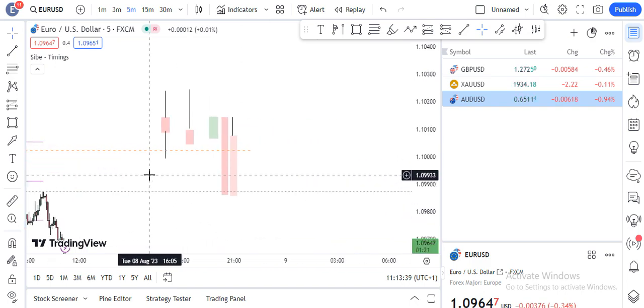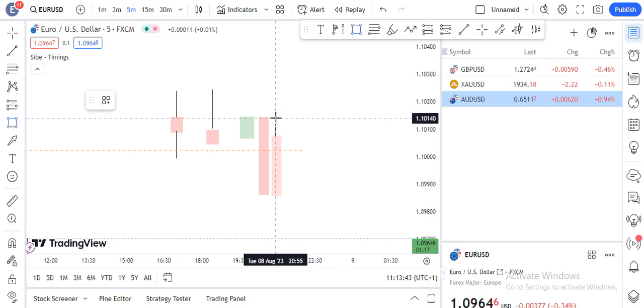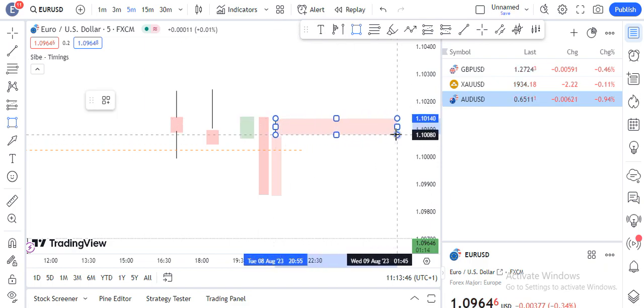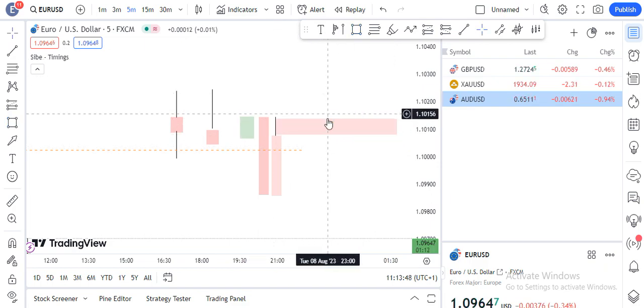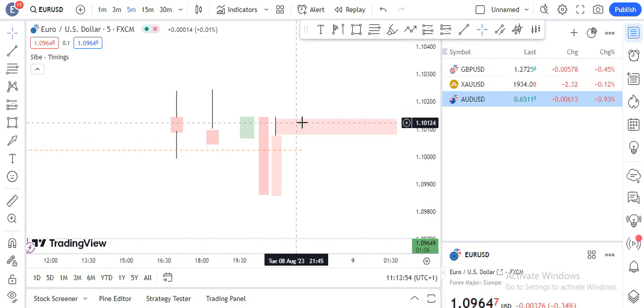Anyway, this is what I am going to consider as my POI: the wick that printed into the order block. With this POI, usually when it aligns with my time, I would sell over leverage. I consider this a very high probability POI.